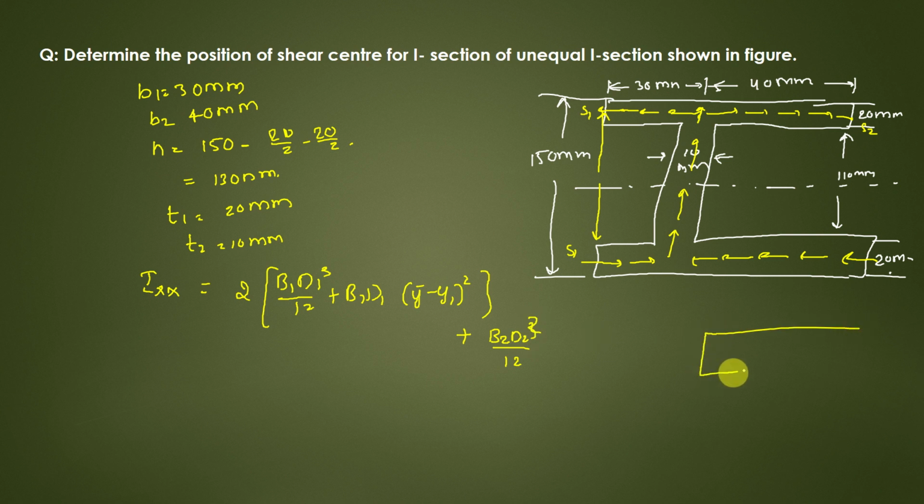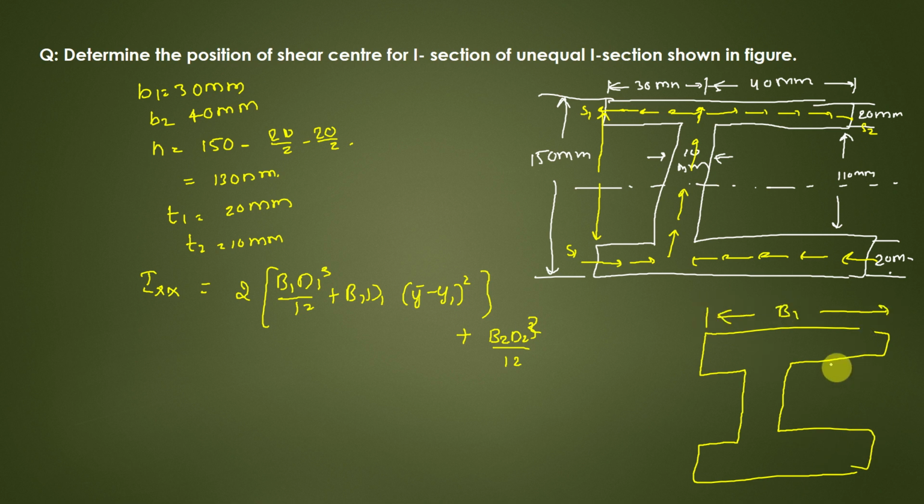So where, let me mark here what is B1 B2, what is D1 D2. This entire thing is B1 and this is small d1. Sorry, this is d2. This is d1. So this b1 d1 is for the flange.